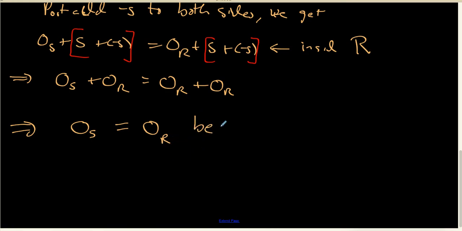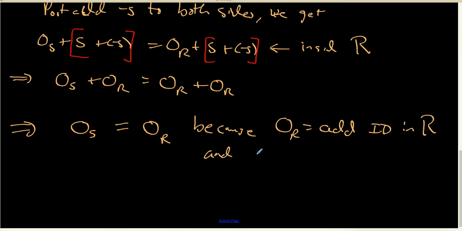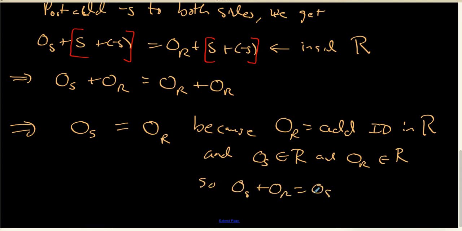And this is because 0r is the additive identity in ring R, and 0s belongs to R, and 0r belongs to R. So 0s plus 0r has to equal 0s, and 0r plus 0r has to equal 0r.